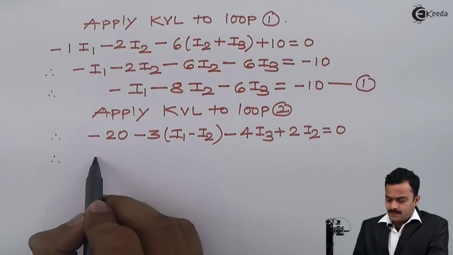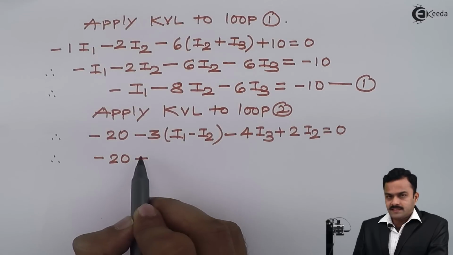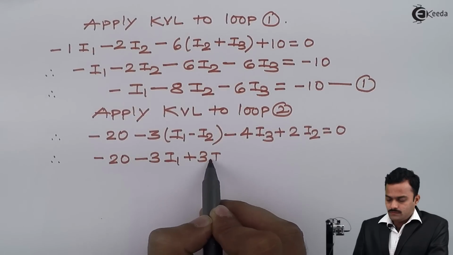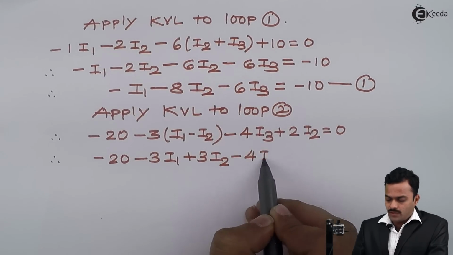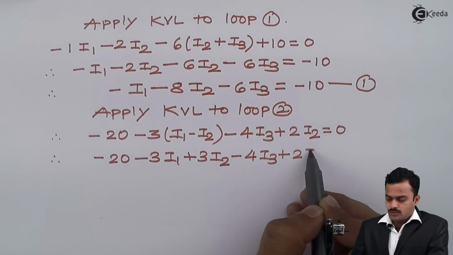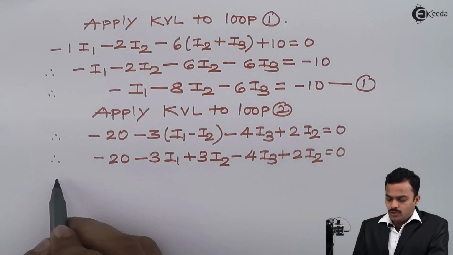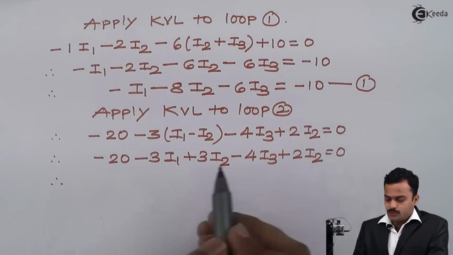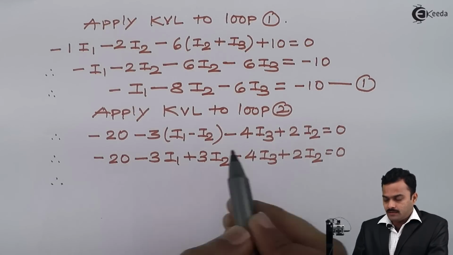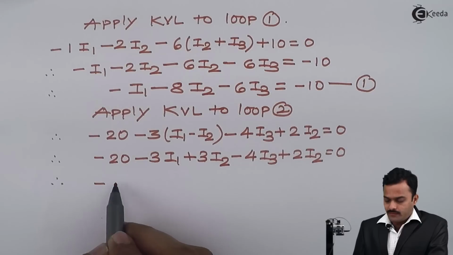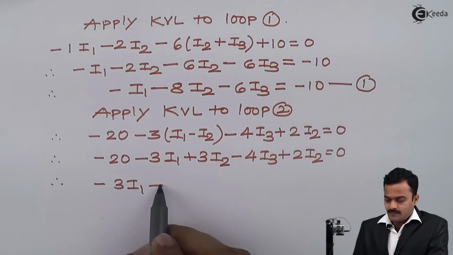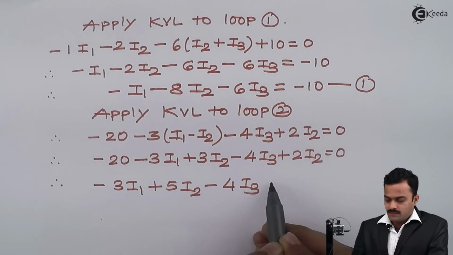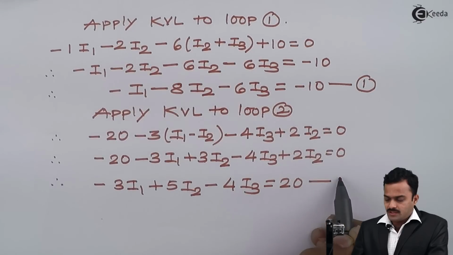So I will consider minus 20 as it is, minus 3 I1 plus 3 I2 minus 4 I3 plus 2 I2 equal to 0. So let's club the like terms. So 3 I2, 2 I2 will become 5 I2, and let's take this constant minus 20 on another side of equation. So my equation will become minus 3 I1 plus 5 I2 minus 4 I3 equal to 20, equation number 2.